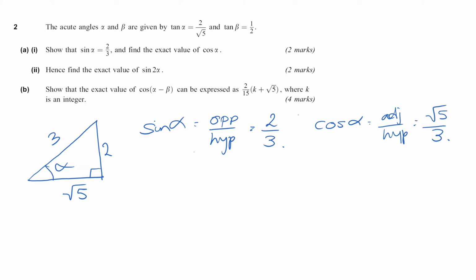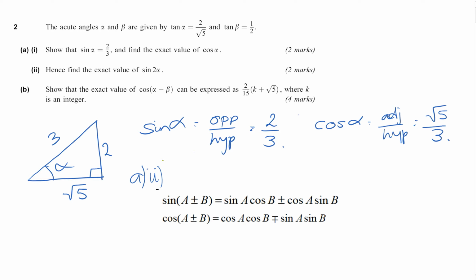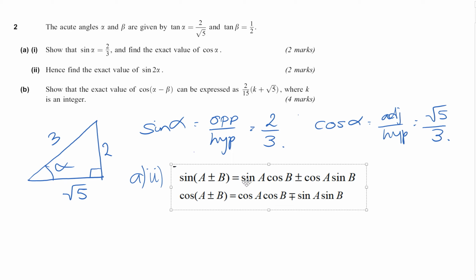Okay, for part B then, also for part 2 here, we are asked to find the exact value of sine 2 alpha. So what I've got here is a snippet from the formula book, which is going to help us if we've forgotten what sine 2 alpha is. So in this case, our A and our B from our formula are both going to be equal to alpha.